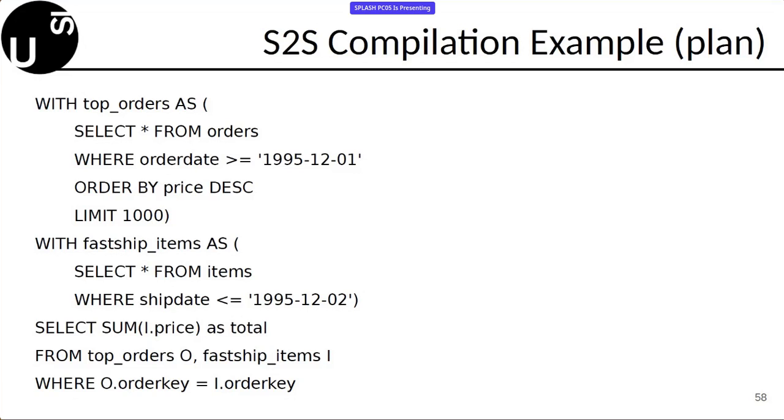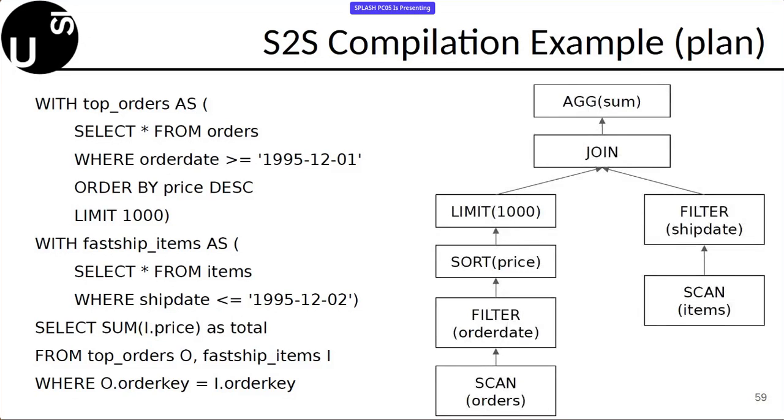And a second virtual table, which is the fast ship items, basically the single items within an order which have been shipped a single day after the order date. Then the main query selects the sum of only the items joined with the corresponding order. So this is the query plan for this particular query.